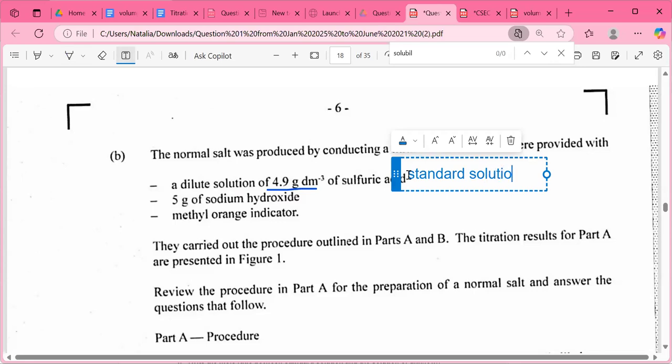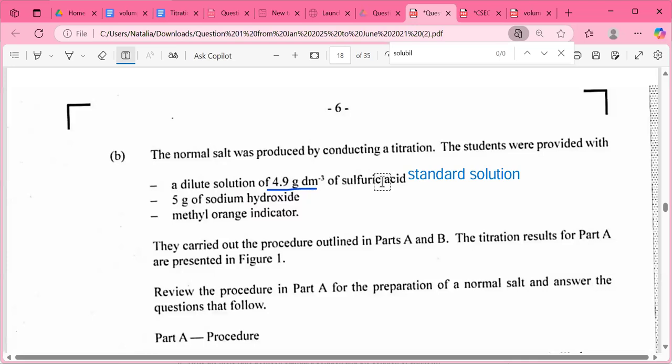So our standard solution is our sulfuric acid. Notice its concentration is not given in moles per dm cube. It's given in grams per dm cube. So at some point in the question, you're going to be asked to convert from grams per dm cube to moles per dm cube. You are given 5 grams of sodium hydroxide and screen methyl orange.